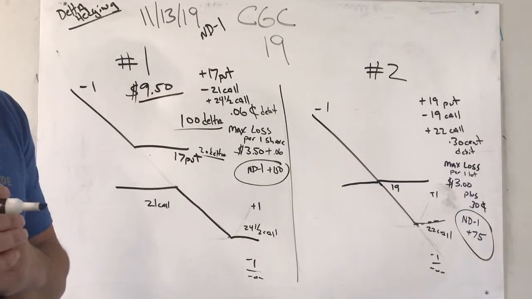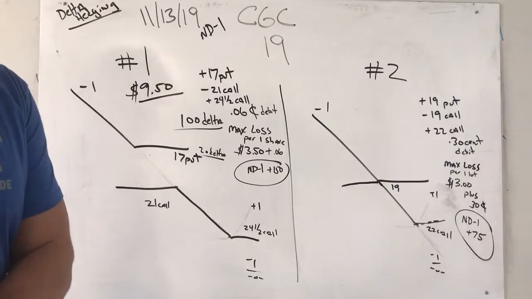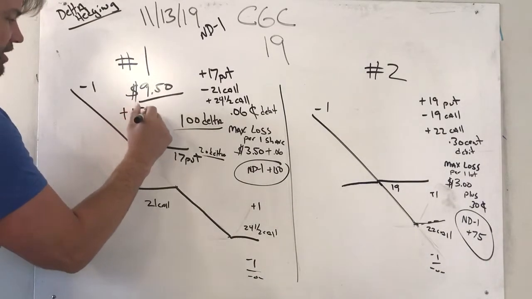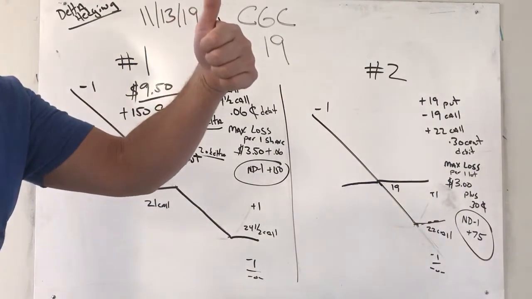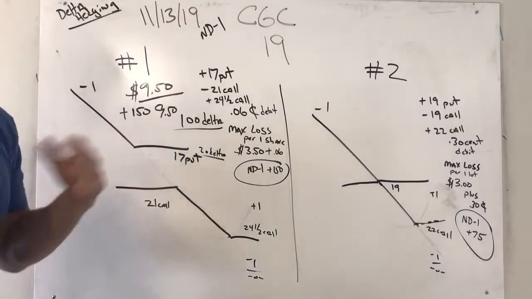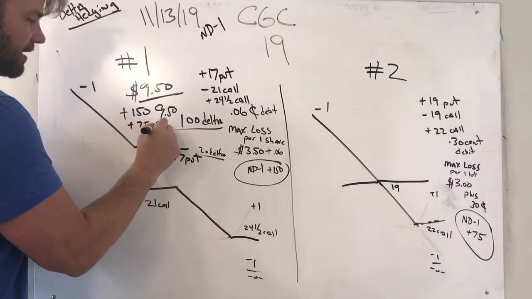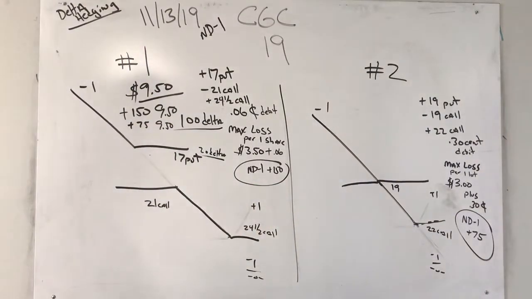Especially if you think it's at the bottom and it could rally from here. I'm going to go out and buy 150 shares of stock for $9.50, if you think it's going to rally higher. If you're not sure if it's going to rally higher, maybe you buy 75 shares at $9.50 if you did this trade 150 times. But don't worry about it.